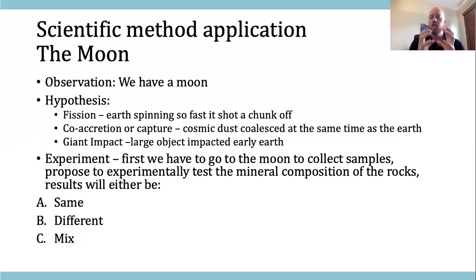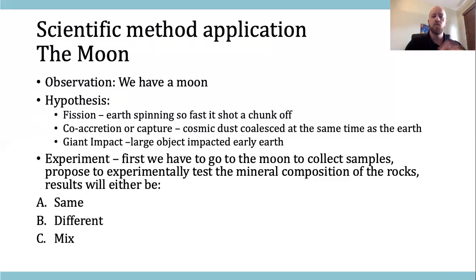Is it kind of this ball of molten magma that was spinning so fast that a little globule fell off? Was the Earth there, and did something come by and just get stuck in our orbit and we captured it, got caught in our gravity? Or did something hit us that a spray of stuff came off and eventually coalesced into the moon?